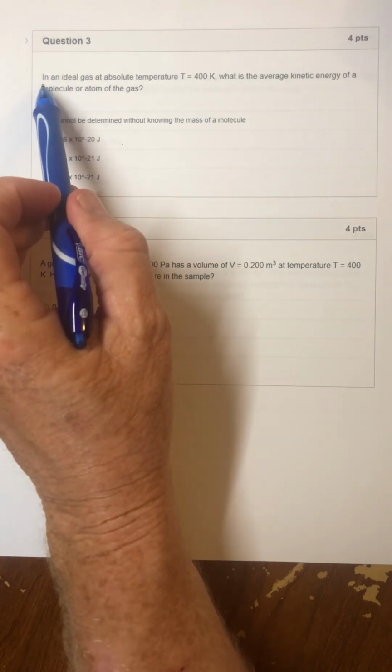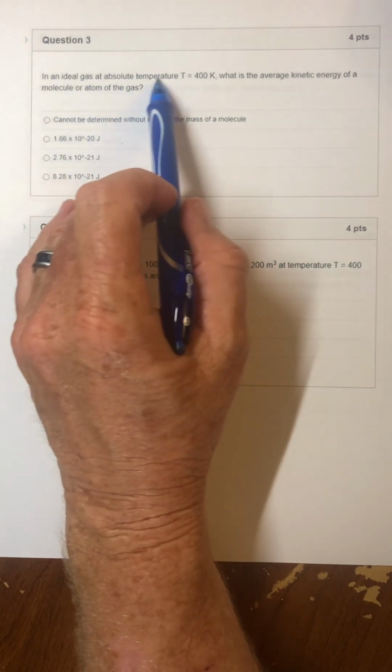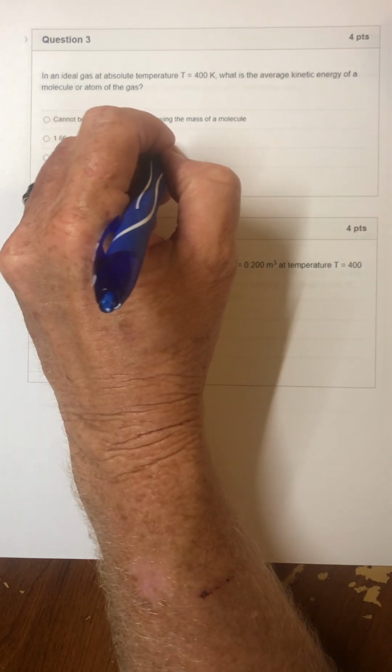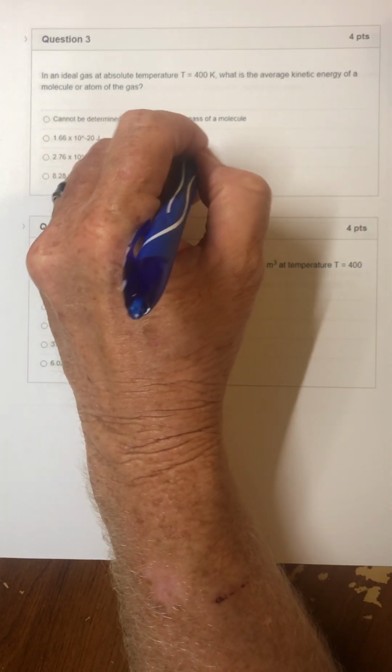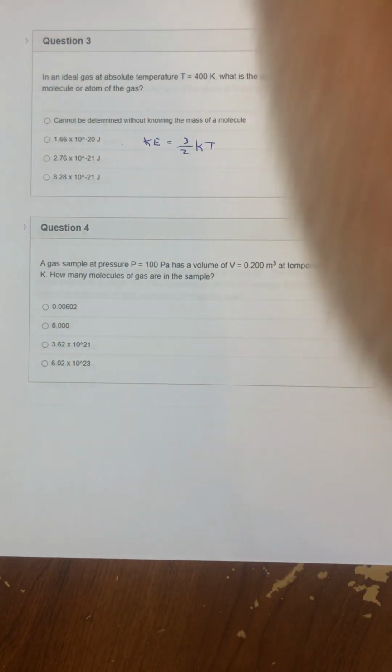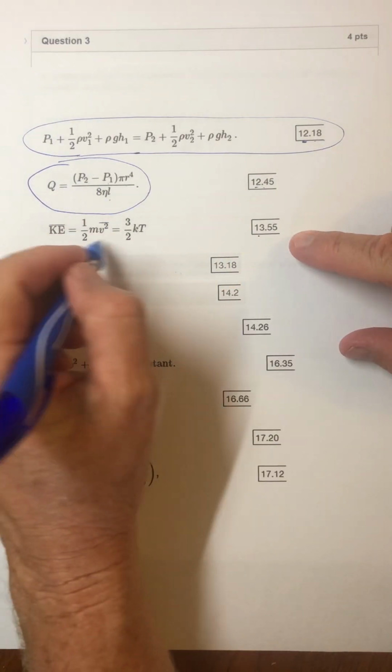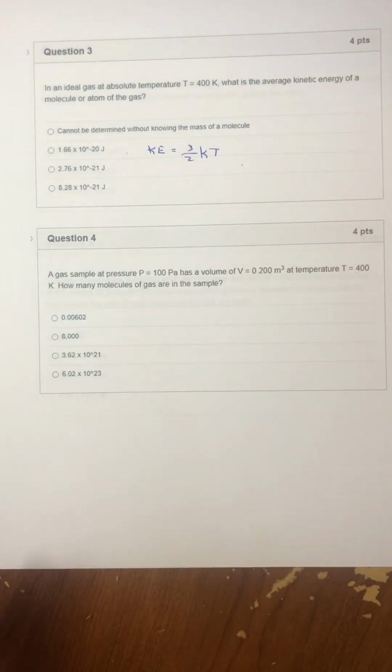All right, so number 3, in an ideal gas, its absolute temperature 400 Kelvin. What is the average kinetic energy? And so kinetic energy is the 3/2 Boltzmann's constant times temperature. It's chapter 13, equation number 55.